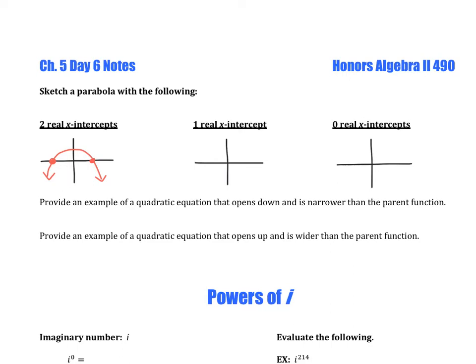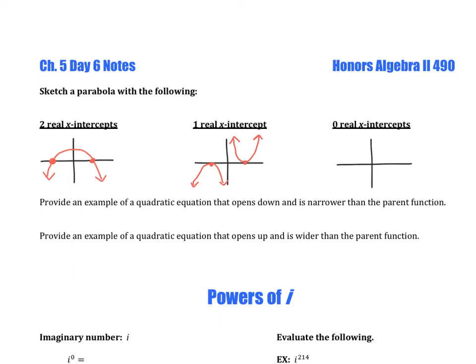All right, in the middle example, we have 1 real x-intercept. So maybe we have a parabola pointing up this time, and it comes down, touches the x-axis in just 1 point, and then goes back up. We obviously could also have a parabola that's opening down and it comes up and touches the x-axis in only 1 point and then goes back down.